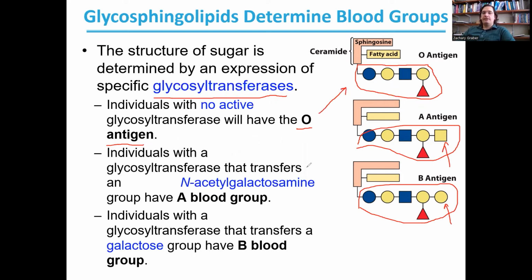If we have an N-acetylgalactosamine transferase, then we'll place that N-acetylgalactosamine, which is represented by our yellow square, and we create the A blood group. If we have a glycosyl transferase that transfers just galactose, represented with our yellow circle here, then we end up with our B blood type based on this B antigen. So all of our different blood types are really just different varieties of glycosphingolipids within our cells.